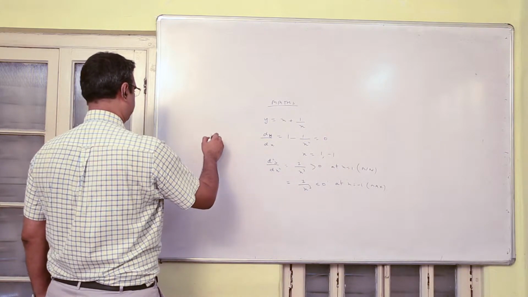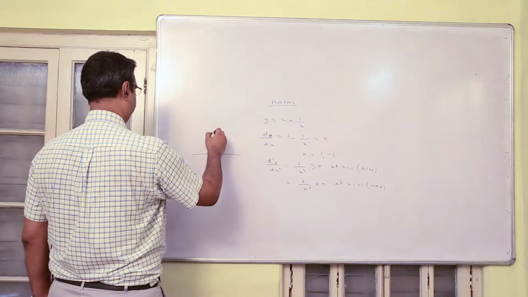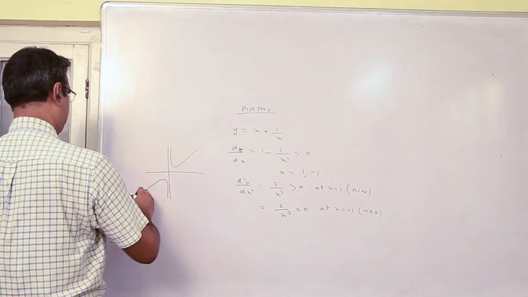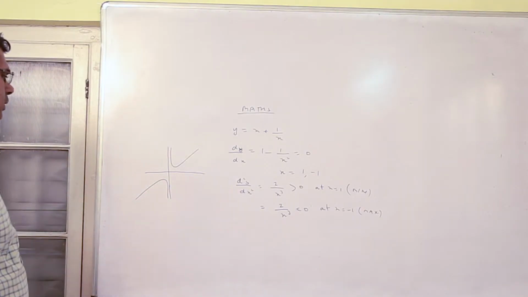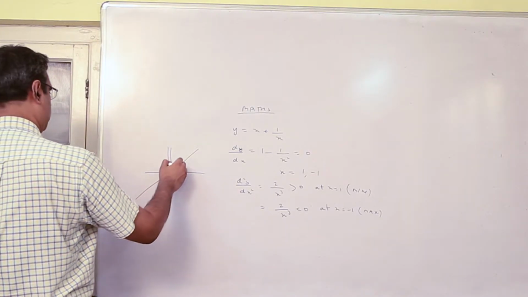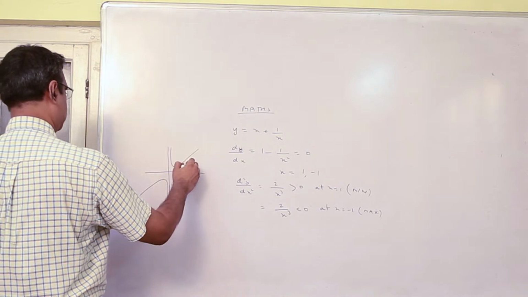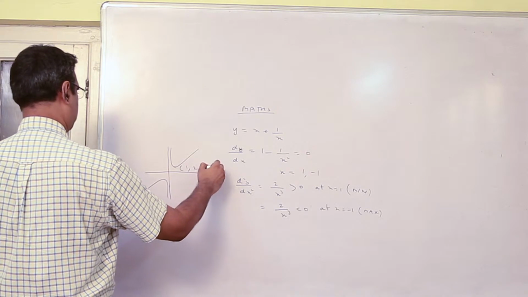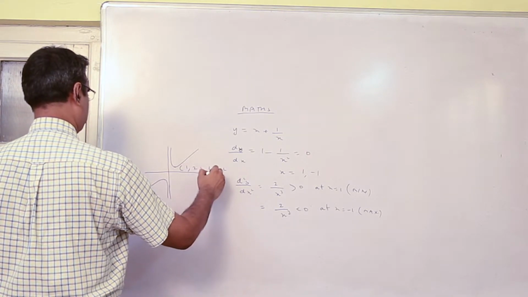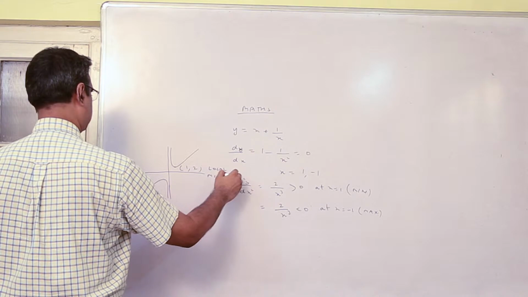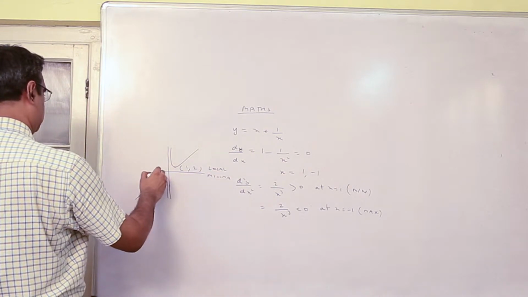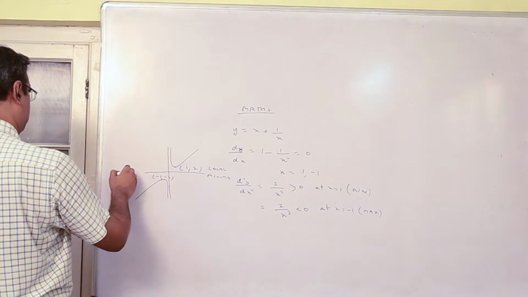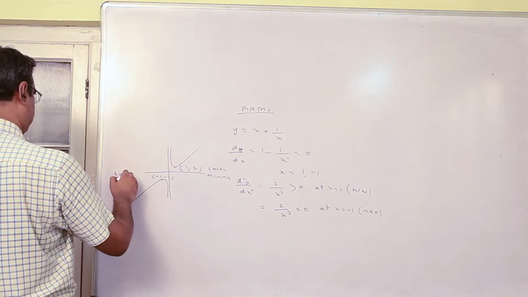Now if you graph this function, you will see that the graph will look like this. So in this graph, this particular point is a point of local minima, and this point is a point of local maxima.